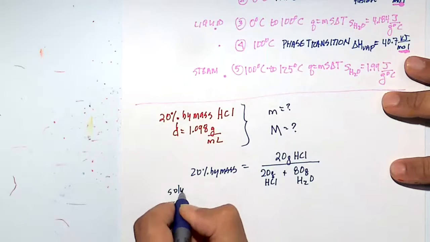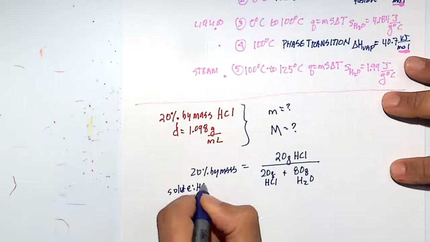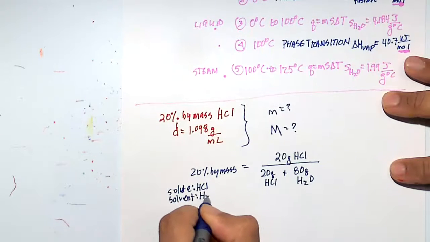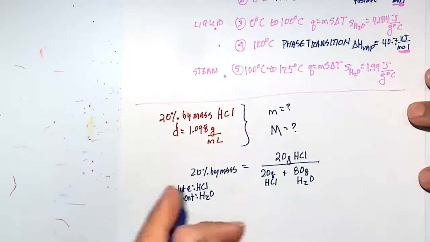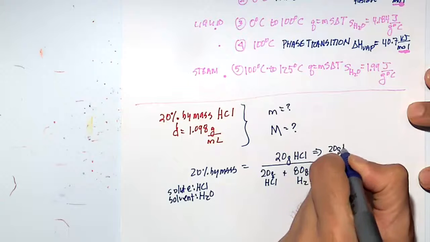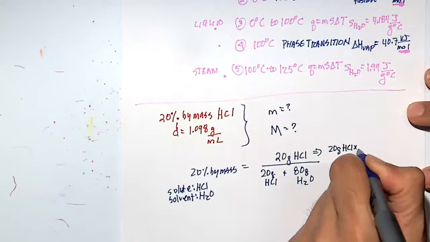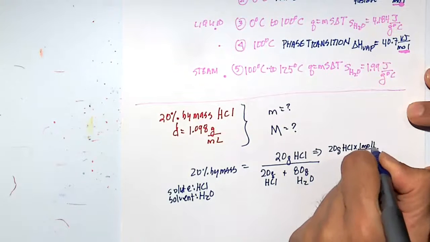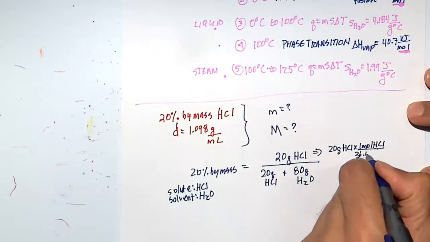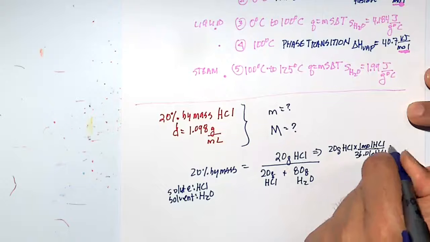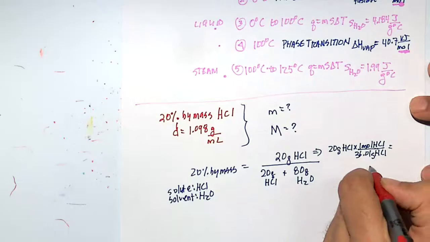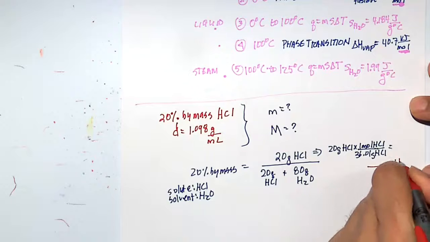Don't forget our solute is HCl, our solvent is water. So let's convert this to moles. 20 grams of HCl, 1 mole of HCl is about 36.01 grams of HCl. Okay, using the periodic table. So this gives us the moles of HCl.